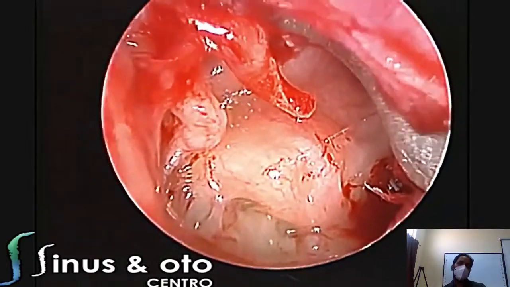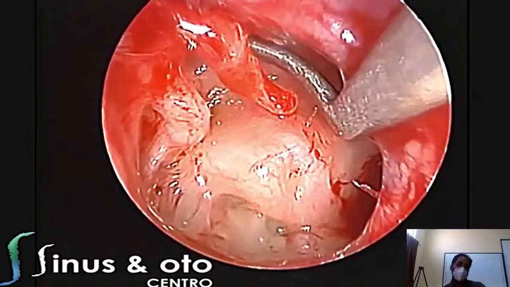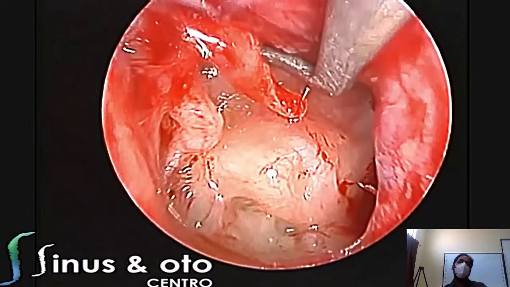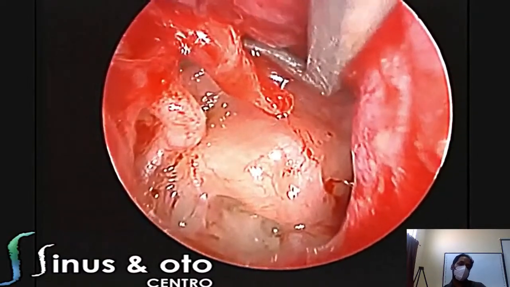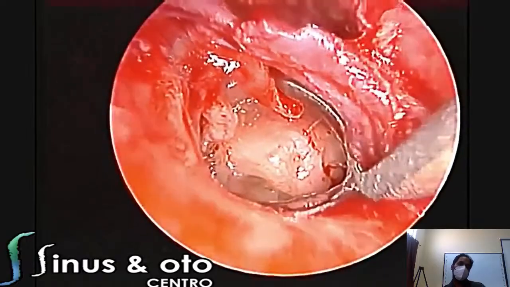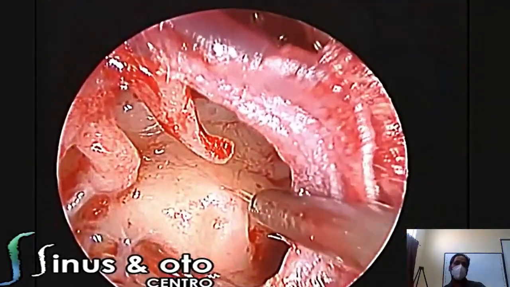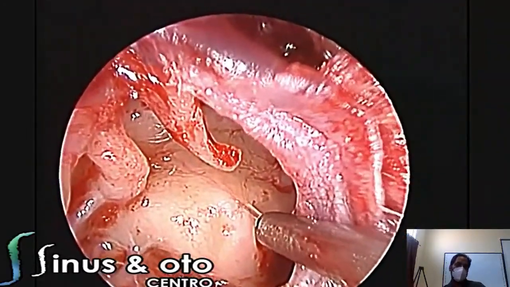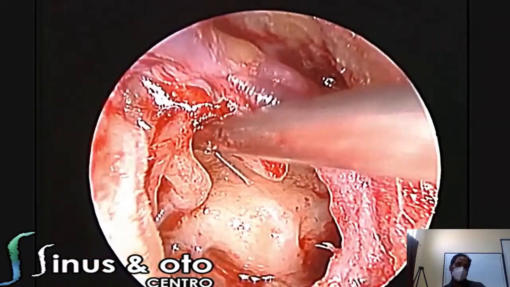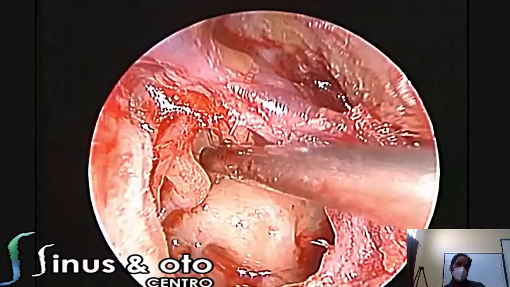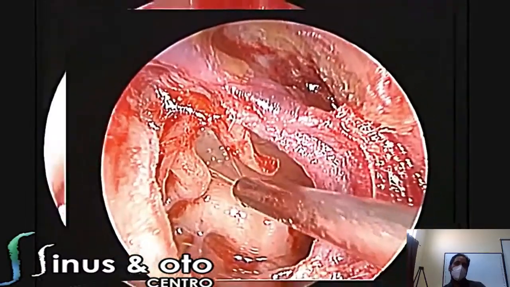Okay, so this is the elevation of the tympanomeatal flap followed by skeletonization of the middle ear ossicles, and then clearing of all the fibrous bands or tags present on the ossicles, and removal of any secretions or fluid from the middle ear.